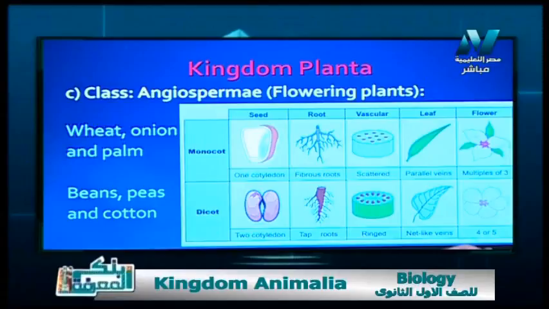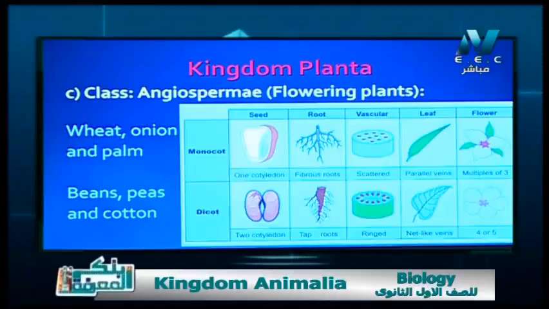Finally, the flowers in each group. The flower in monocotyledonous plants contains the leaves of the flower, which are arranged in whorls, and in each whorl there are 3 leaves, 3 sepals or 3 petals, and so on, 3 or their multiples.